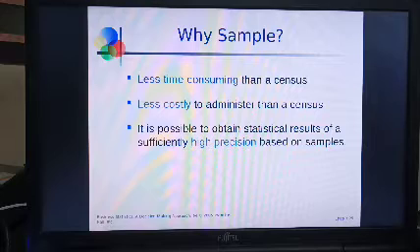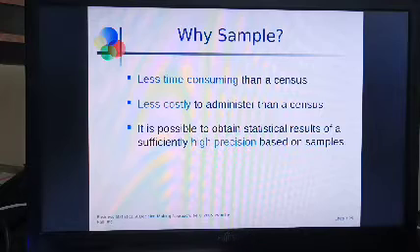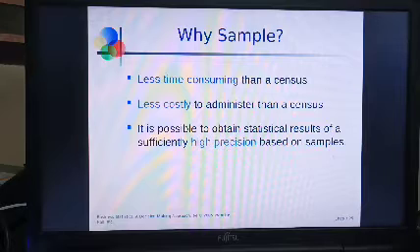So that's why we use samples. That's why we do sampling, because we want to save on time, we want to save on money, and we do so by using statistics.